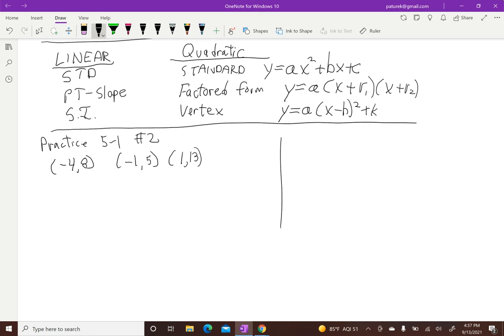First thing I would do is a little sketch to have a sense for this. So -4, 8, 4 units to the left, 8 units up. I'm going to say it's around there someplace. -1, 5, so that's going to be around here someplace. And then 1, 13 is going to be up here someplace.